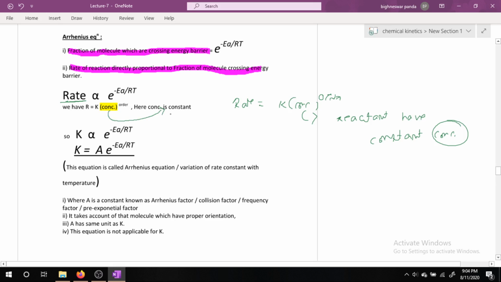If the concentration is constant, then rate is equal to K. So the rate constant is directly proportional to e to the power minus EA by RT. By removing the proportionality, I can put K is equal to A into e to the power minus EA by RT. This is the so-called Arrhenius equation, or variation of rate constant with temperature.